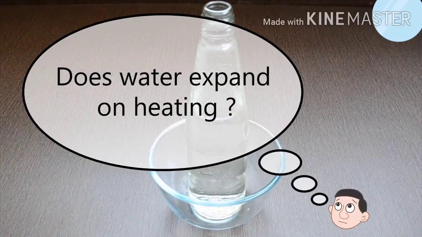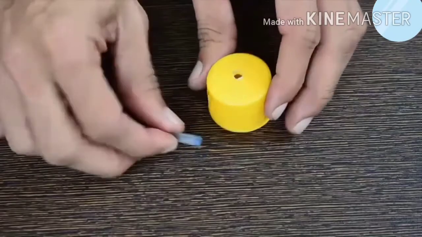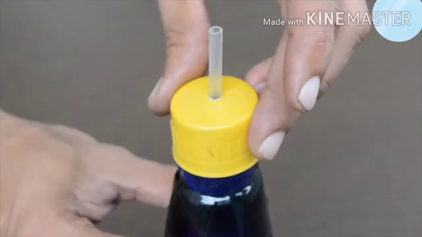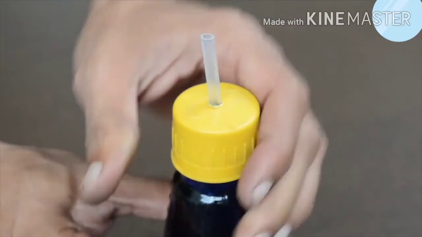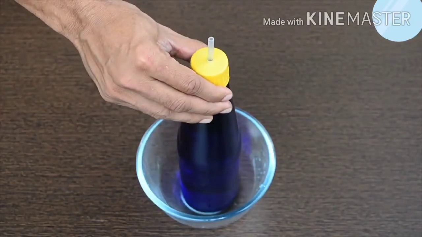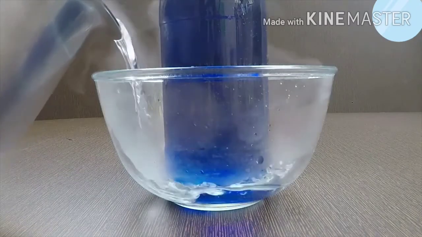Let's see, does water expand on heating? We will add a drop of ink into this water to make it colorful. Now we will make one hole in the cap and insert a straw inside that cap, and we will close the mouth of the bottle very tightly.